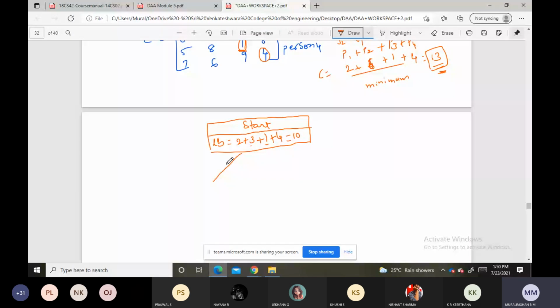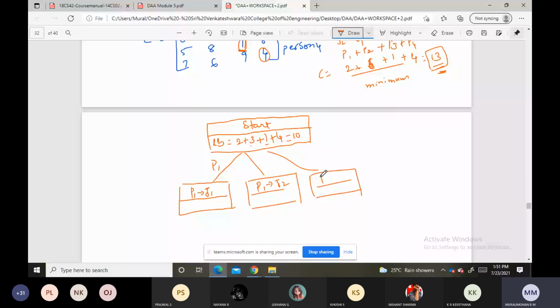So how many choices are there? 4 choices, right? So person 1 can be assigned job 1, similarly job 2, similarly job 3, similarly job 4.